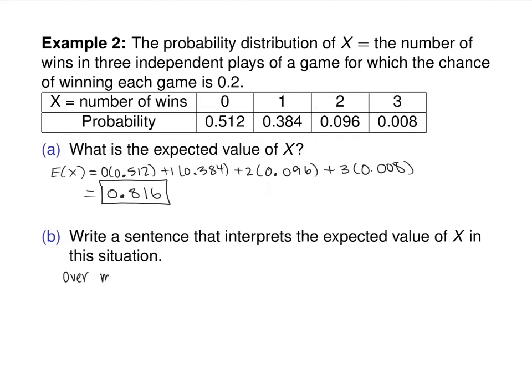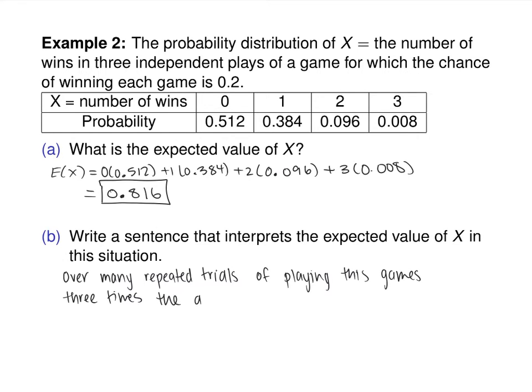So over many repeated trials of playing this game 3 times, the average number of wins per 3 games is 0.816.